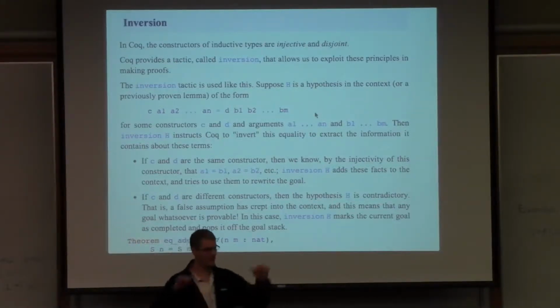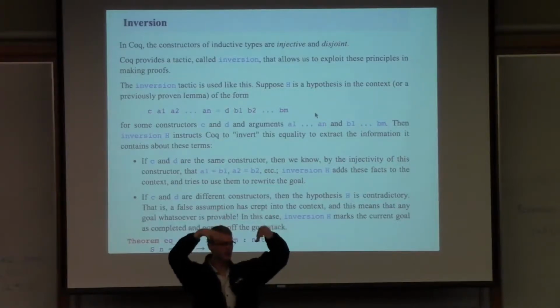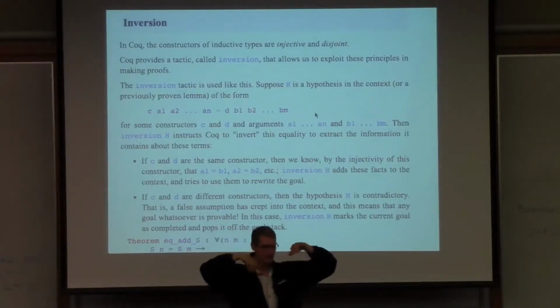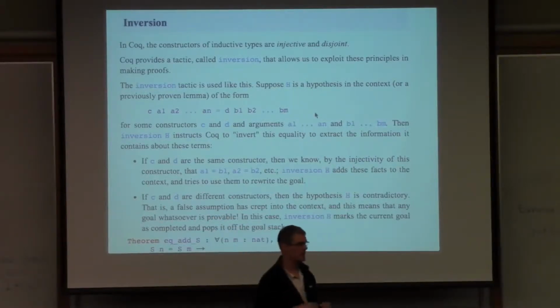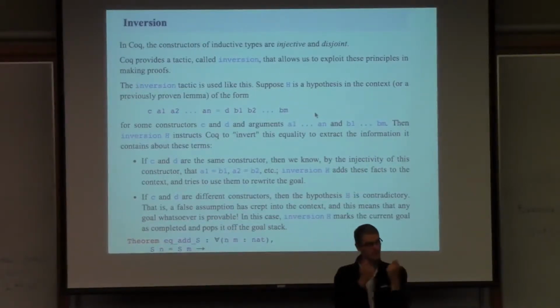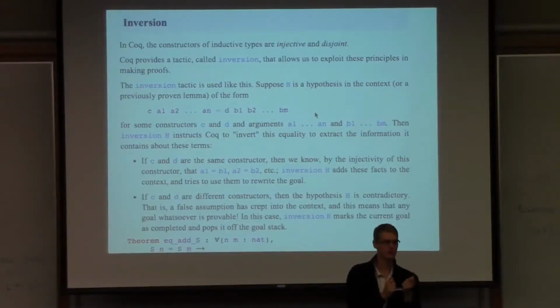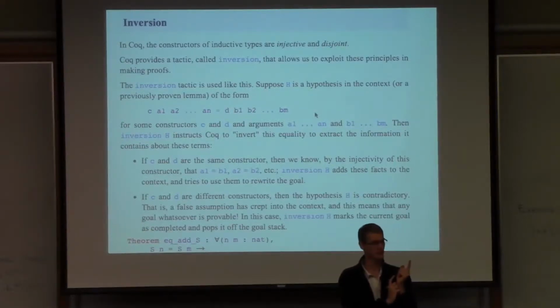So if we have an equality hypothesis, something in the context that says some expression equals some other expression, and each of those expressions begins with a concrete constructor, then what do we know? Well, if those constructors are different, then what do we know?